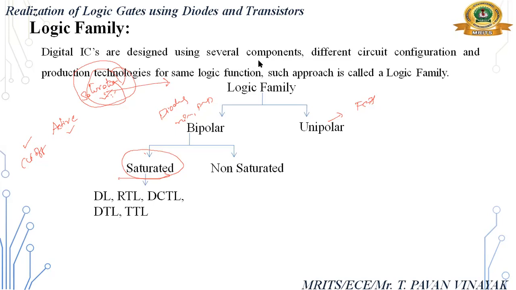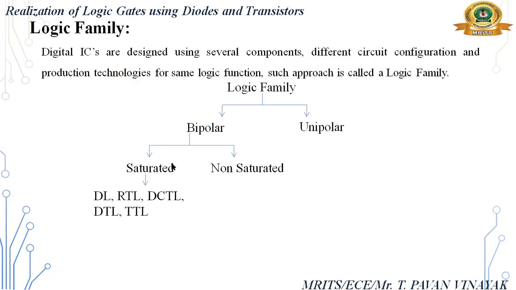Saturated logic can be classified into these types: diode logic, resistor transistor logic, direct coupled transistor logic, diode transistor logic, and transistor transistor logic. We have five types. And two remaining types are I square L and HTL. These two are outdated now; we are no longer using them.